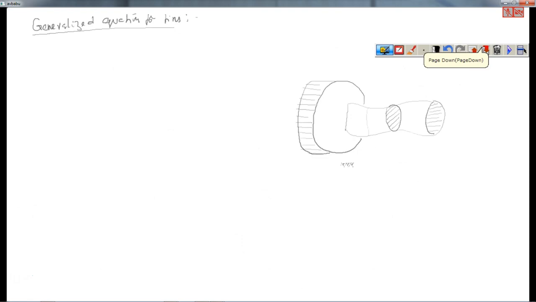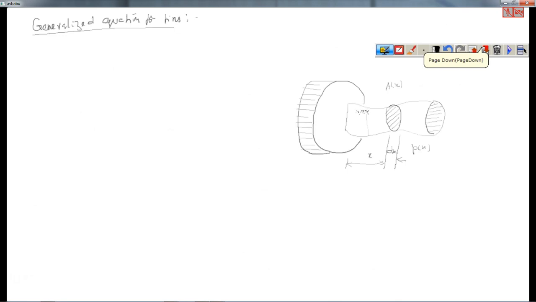Now at a distance of x, I have considered an element of thickness dx, which has a perimeter that varies with respect to x, P of x, and the area of cross section also varies with length x.